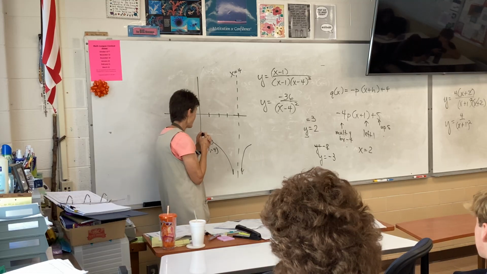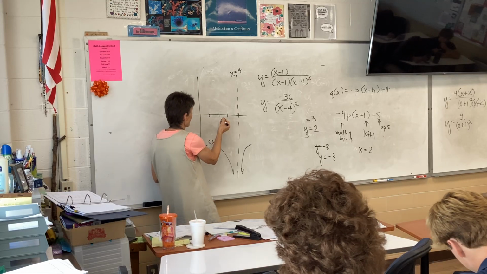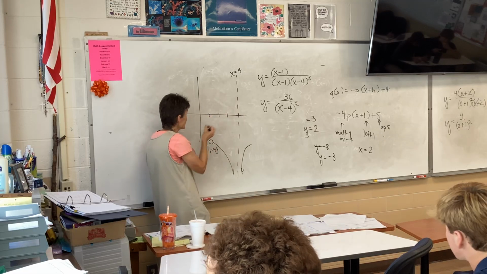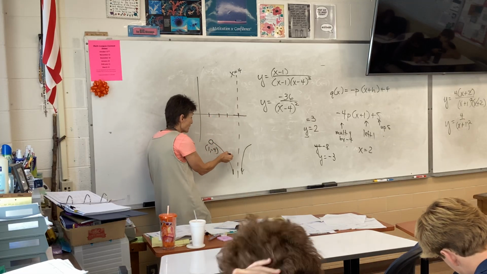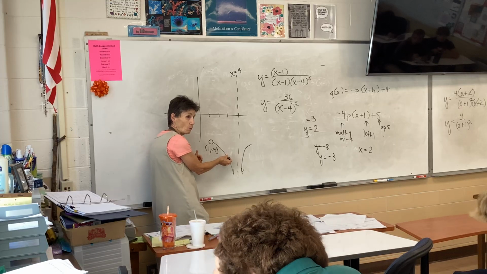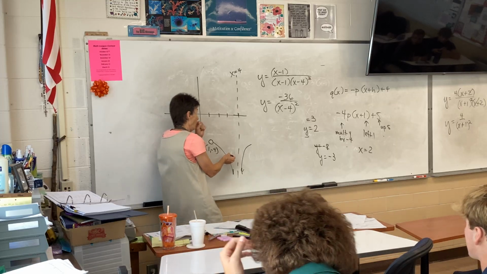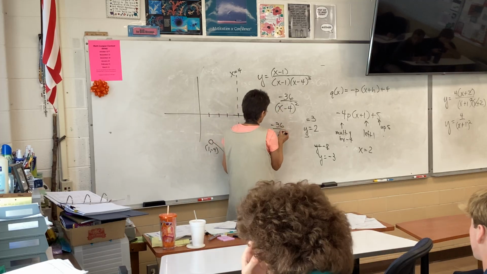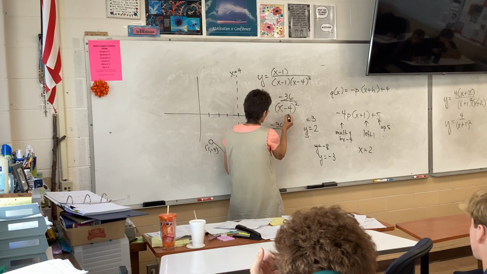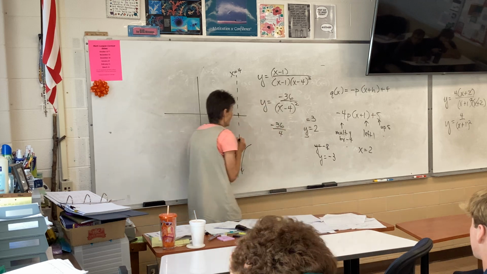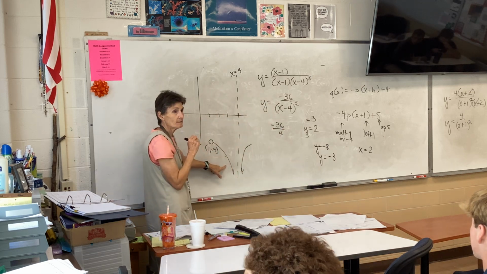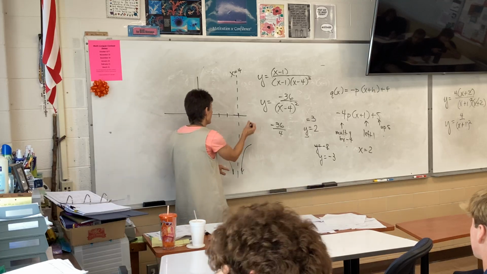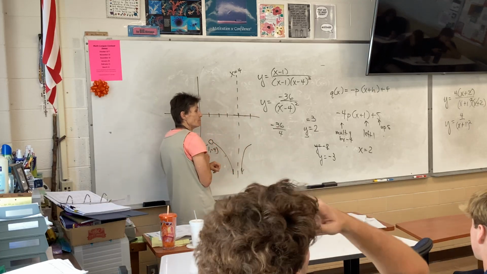Okay, so let's see what happens if I put in 2. If my equation is right, when I put in 2, I'm going to get something less than negative 4. So let's put in 2. I put in 2, what do I get? 2 minus 4, I get 4. I get negative 9. Is that good? All right, let's try over here. What if I put in 5?